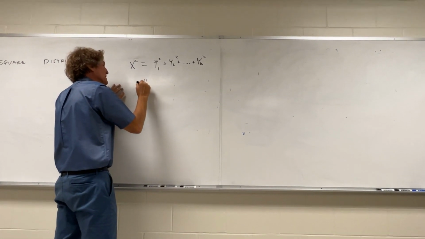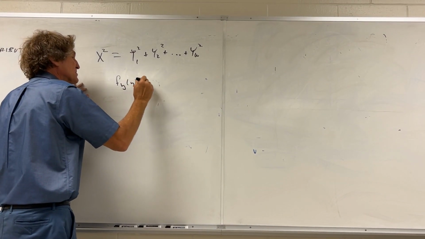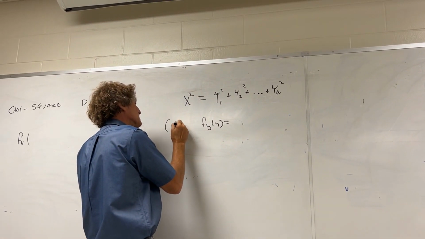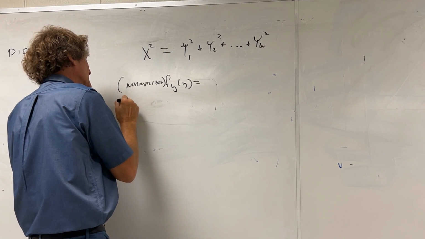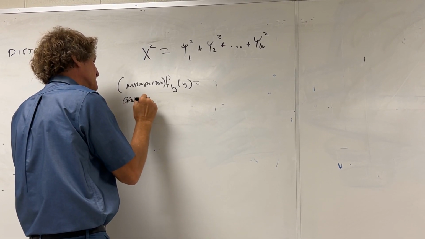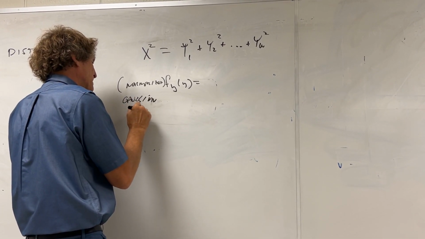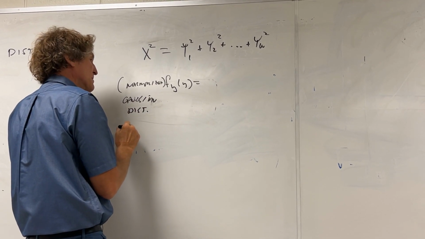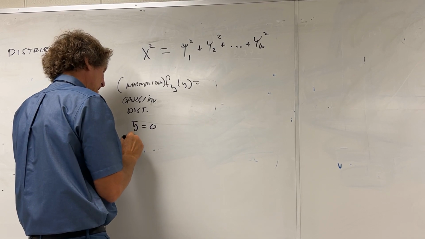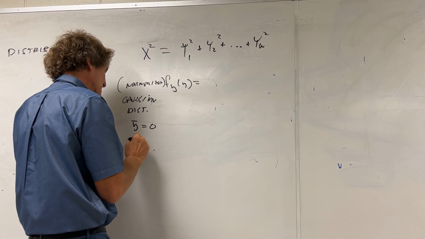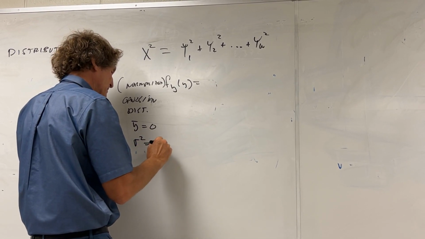And each one of these, the f of y, is going to be a normalized Gaussian distribution, which means the mean value of all the y's is going to be 0, and the standard deviation, or the variance, is 1.